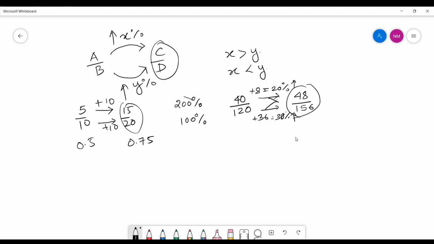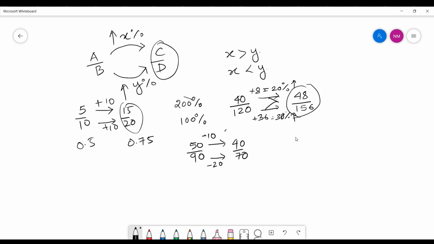Similarly, if we take an example, in both the cases my numerator and denominator are decreasing. This is decreasing by -10 and this is by -20, right?